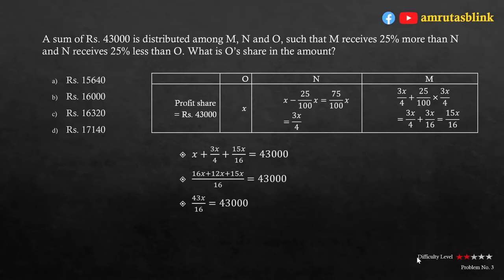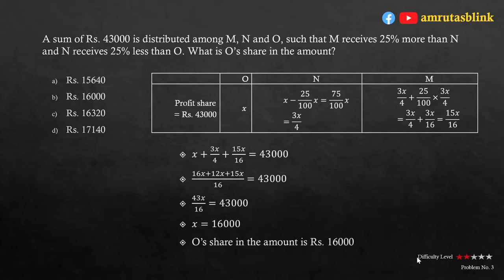So, 16x plus 15x plus 12x is equal to 43x upon 16 is equal to 43,000 rupees. Hence, x is equal to 43,000 into 16 upon 43, that is equal to 16,000.